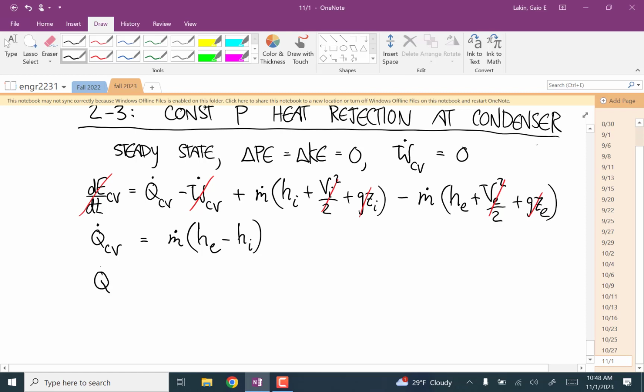And so Q dot for the control volume divided by m dot is equal to h at the exit, which is h3, minus h at the inlet, which is h2.